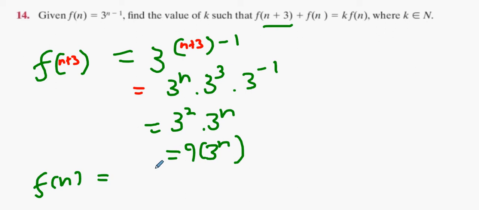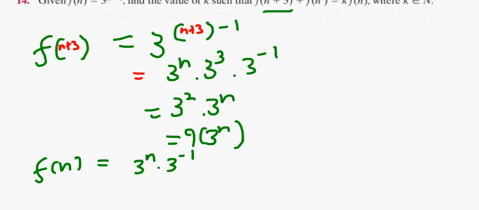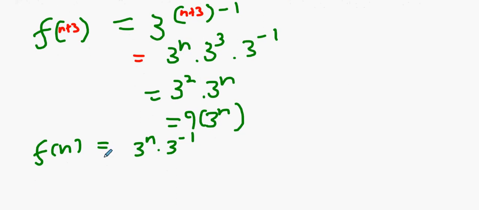Fn on its own is 3 to the power of n, 3 to the power of -1. It's going to be interesting. Alright. And what do we get for that then? What's 3 to the power of -1? Yeah. It's 1/3 3 to the power of n. In a way, it's like 9x and 1/3 x.